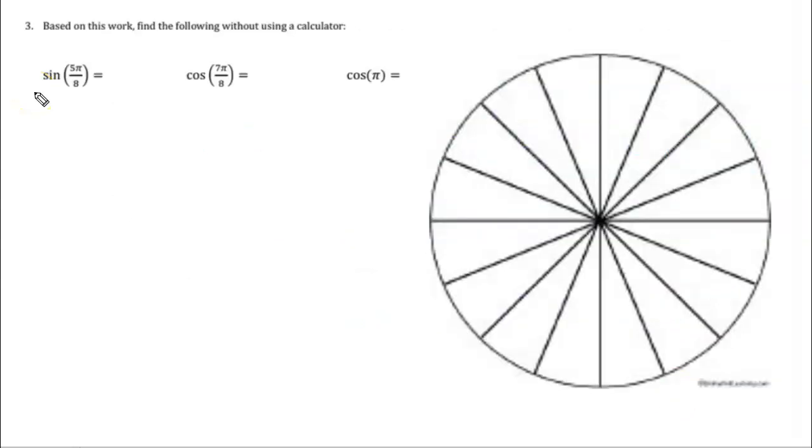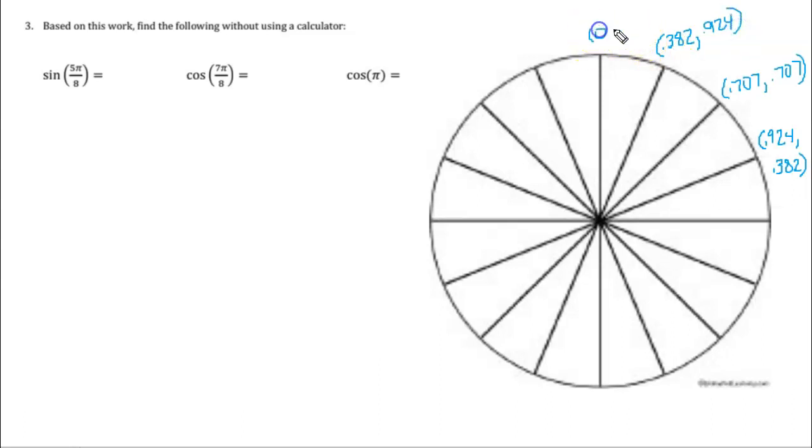So based on all of this work, find the following without using our calculator. Here we have the whole unit circle. We figured out that this point was (0.924, 0.382), this point was (0.707, 0.707), and this point was (0.382, 0.924).